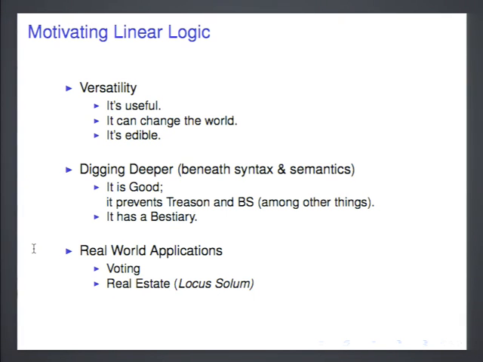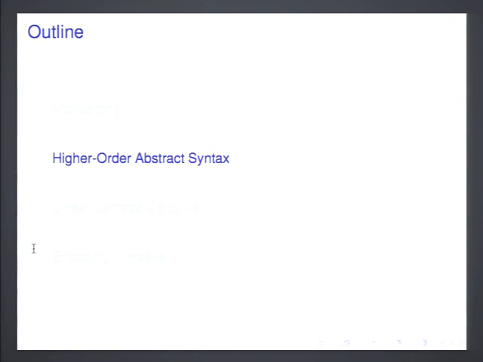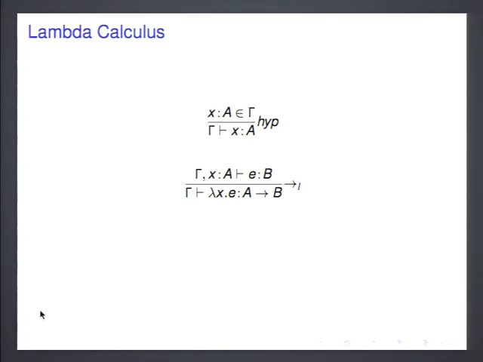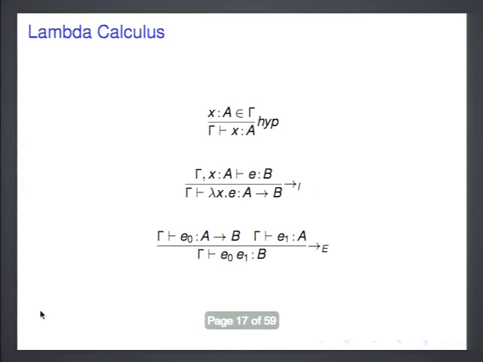Anyhow, so that being said, I'll talk about higher order abstract syntax a little bit. So we're going to start with a simply typed lambda calculus. The contexts are just sets, right? So there's a hypothesis rule for using your variables, introducing a lambda, eliminating a lambda.